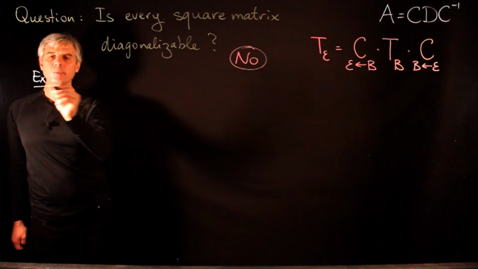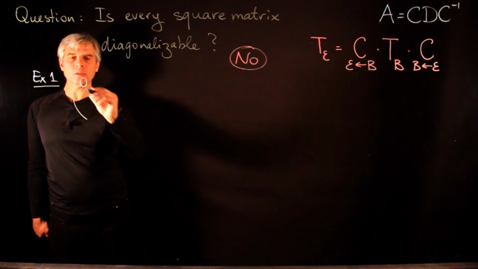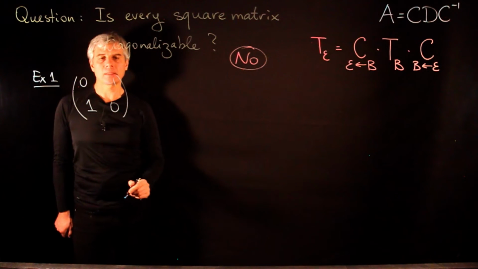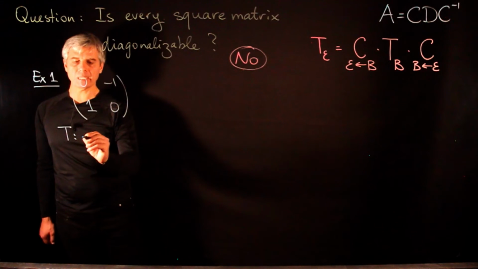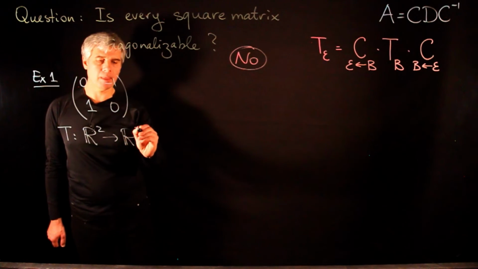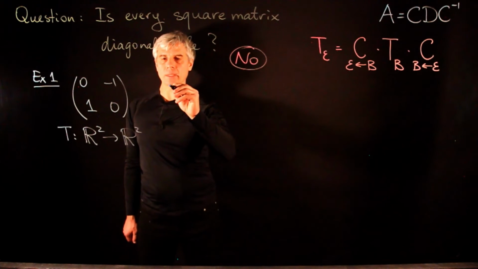So example 1, let's look at the following matrix: 0, 1, minus 1, 0. Now, this will be representing an operator on two-dimensional real space. Now let us write down the characteristic polynomial.